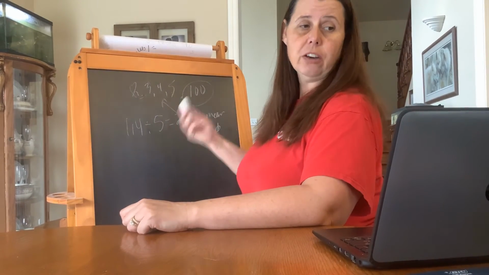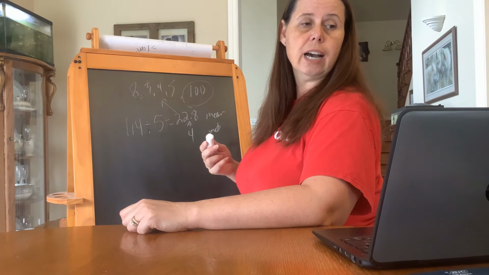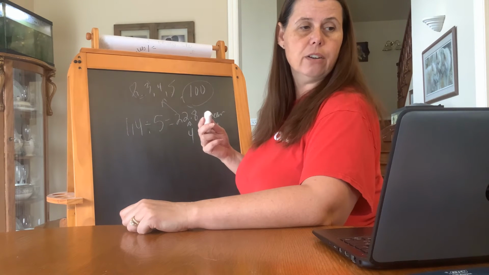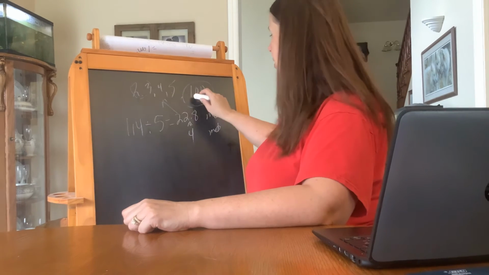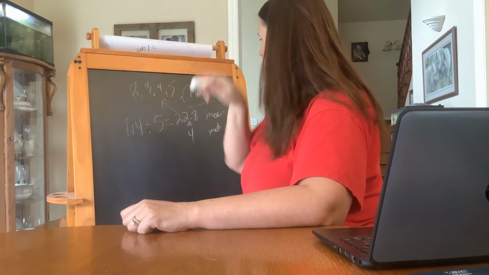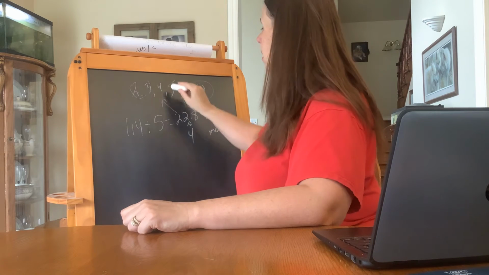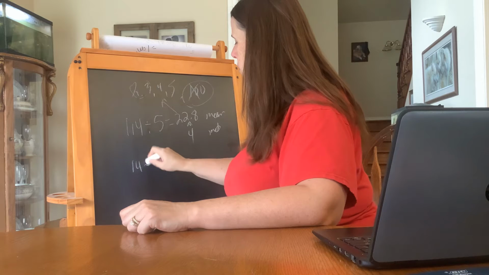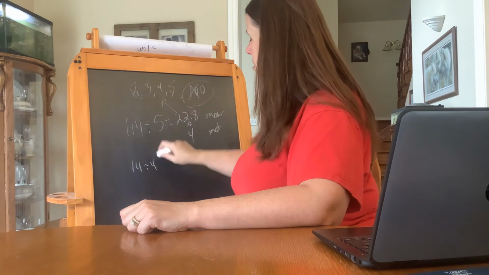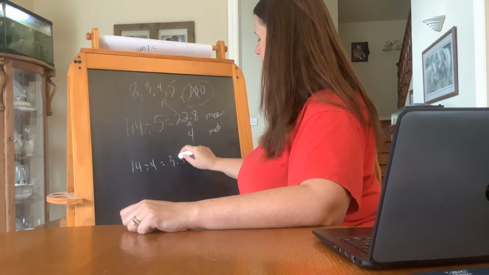Okay? Now they want you to get rid of, let's get rid of it and see what would happen without the outlier. Okay? So we're going to get rid of that. 5 and 4 is 9, and 3 is 12, and 2 is 14. 14 divided by 4 is 3.5.